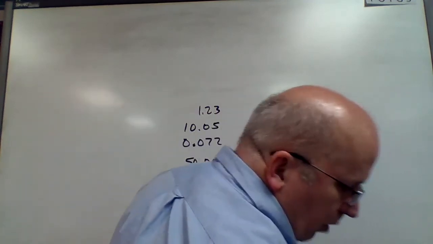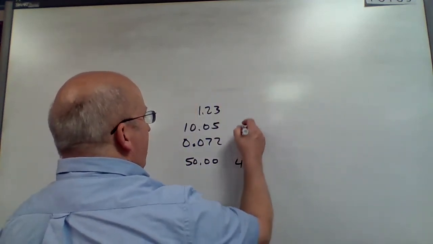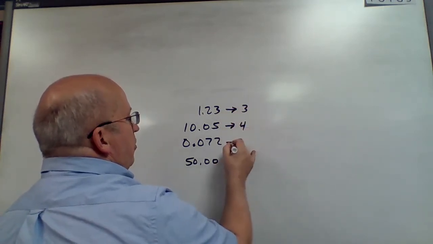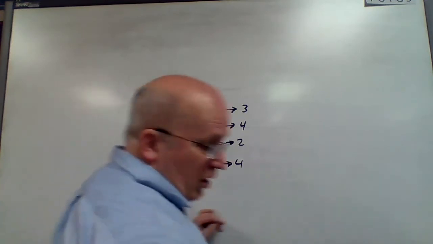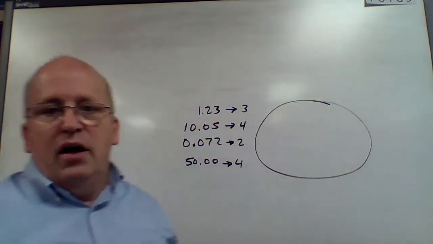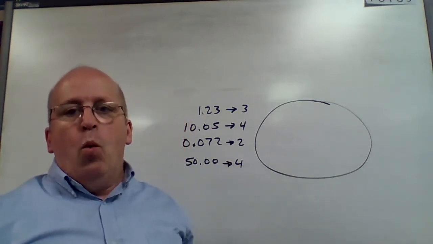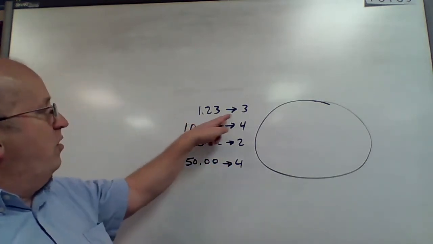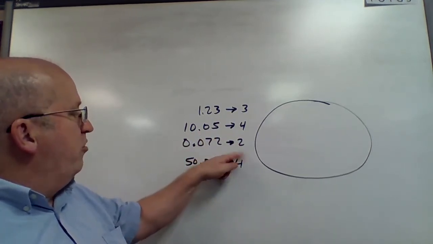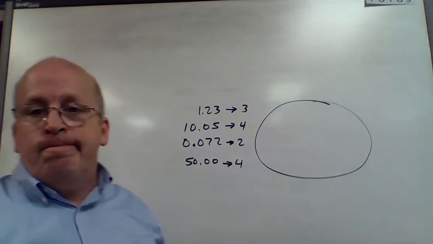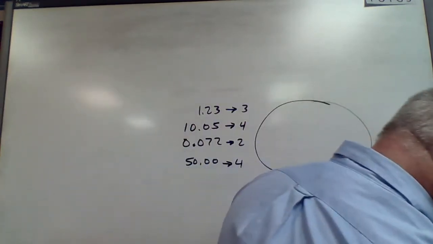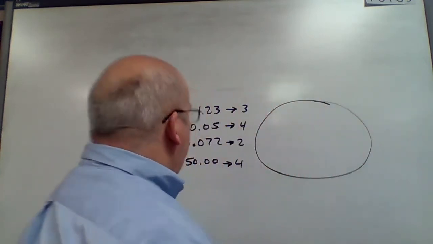And it's telling you how many significant digits each one of them has. What's very important is the blue writing over here on the side to help you figure out why they're claiming that this number has 3 significant digits, this one has 4, but this one only has 2, and this one has 4. Okay?